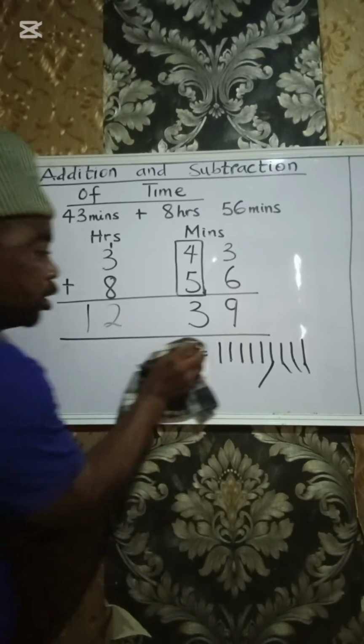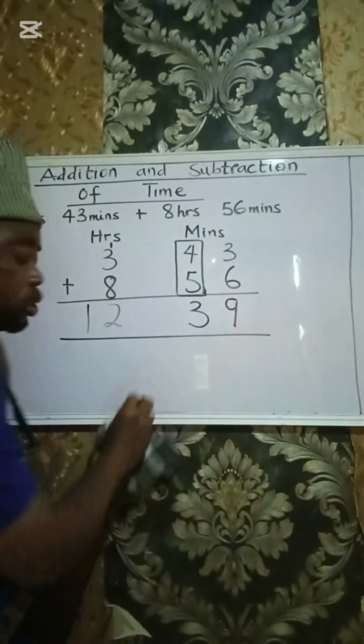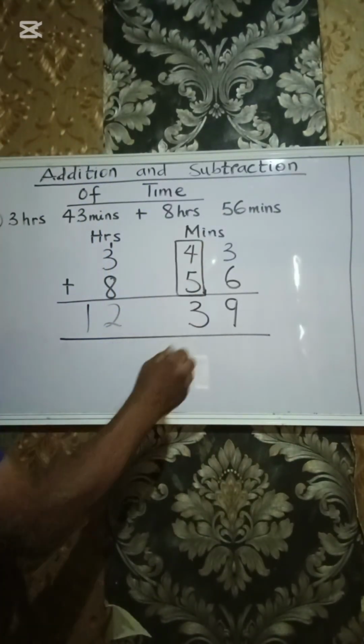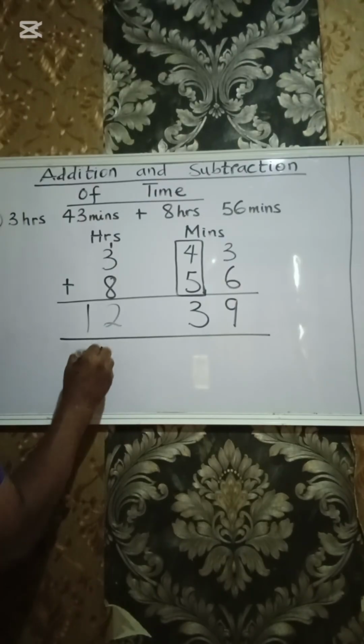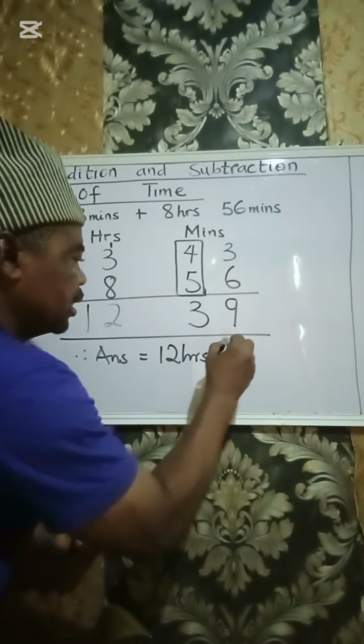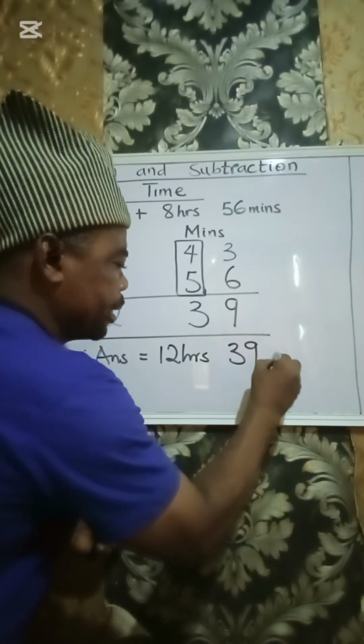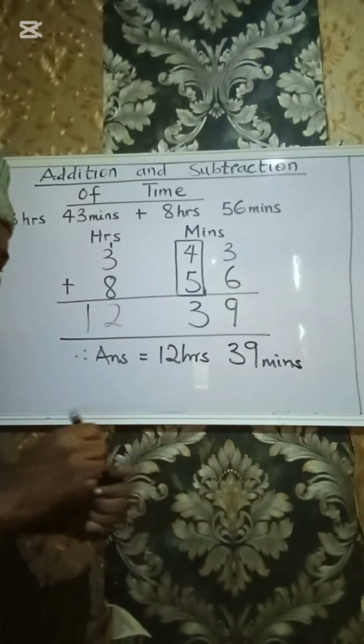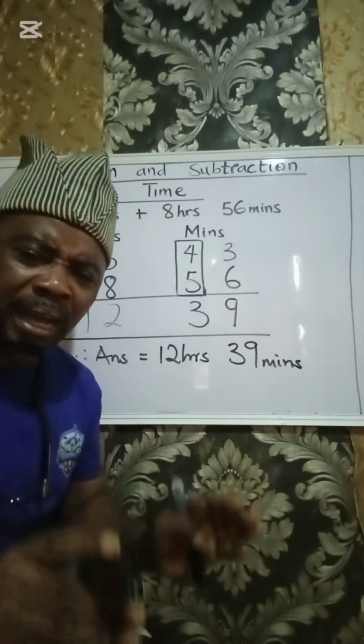So luckily, it is very simple for us. It is just only one place we need to pay attention to, and that is this place. So therefore, our answer is equal to 12 hours 39 minutes. As simple as that.